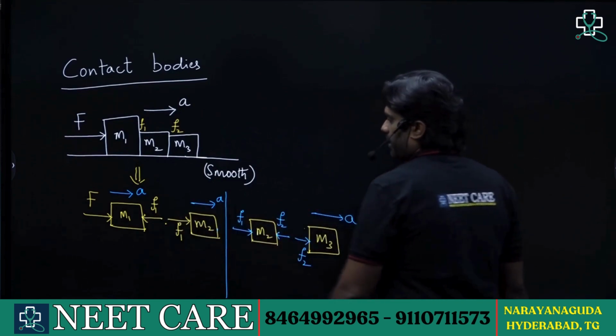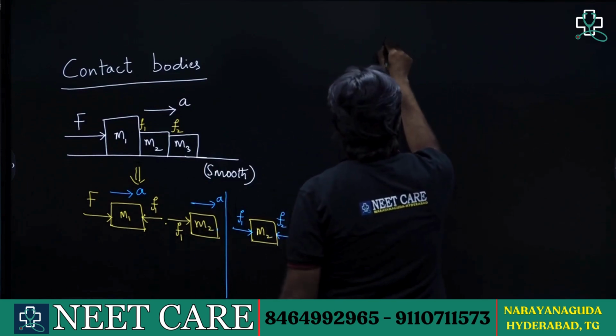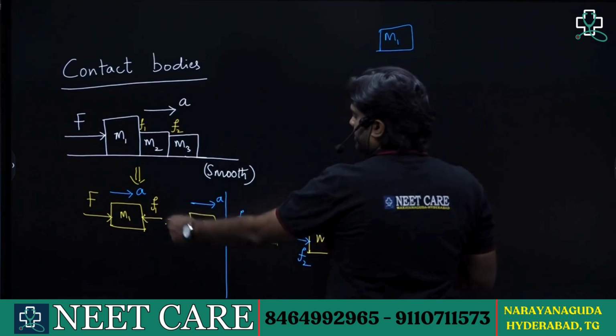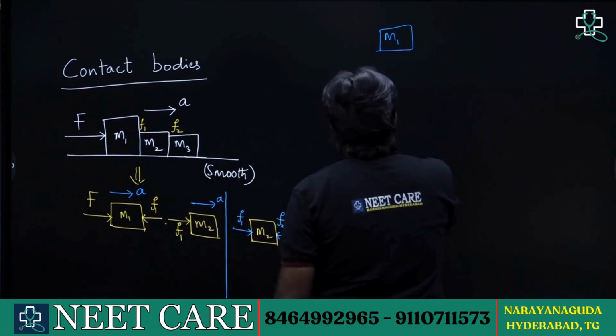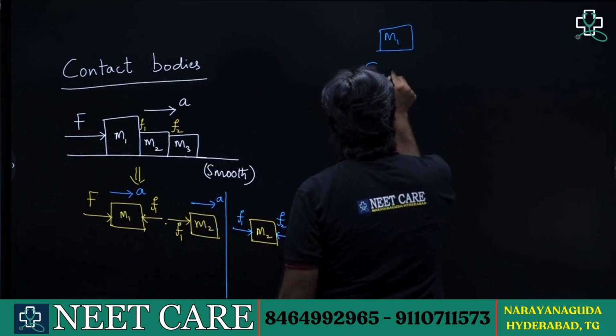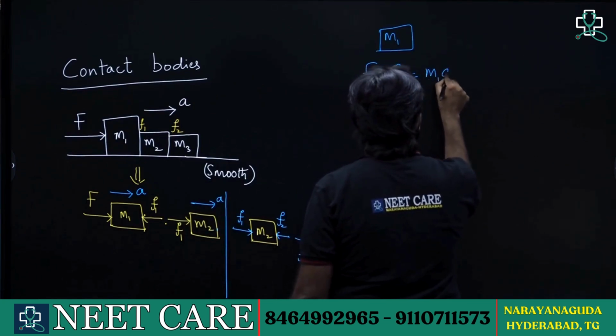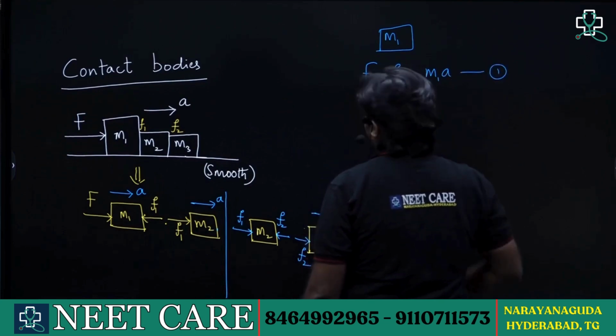Okay. Now if you take the motion of M1, M1 is experiencing net force F minus F1, which is equal to M1A. You can write this as the first equation.